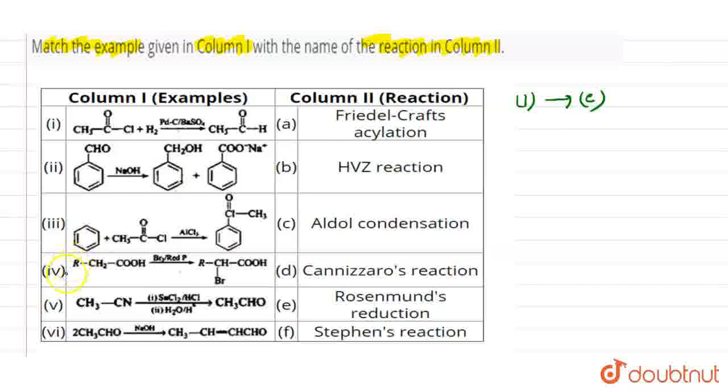Okay, now if we see the second reaction, this is our benzaldehyde, benzene having CHO, and in the presence of base it reacts and gives the products that are alcohol and acid, right? As we can see, in the presence of base there is a reduction and oxidation. Reduction and oxidation occur here, right?